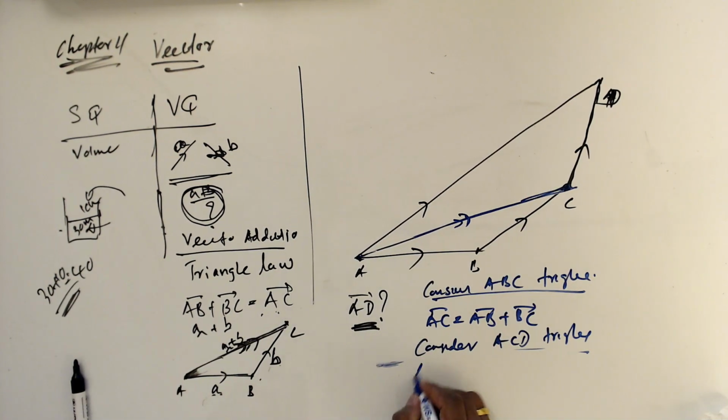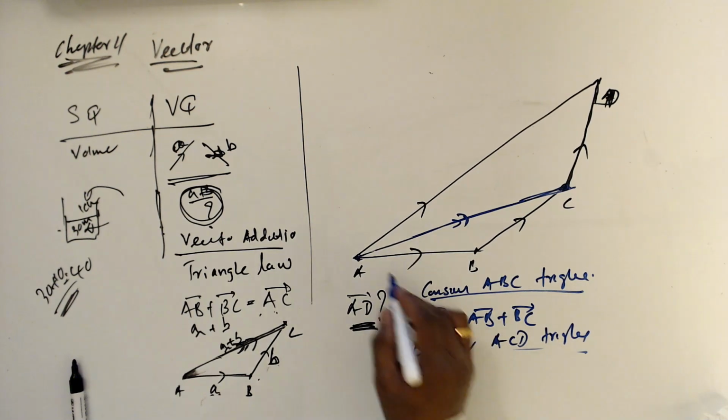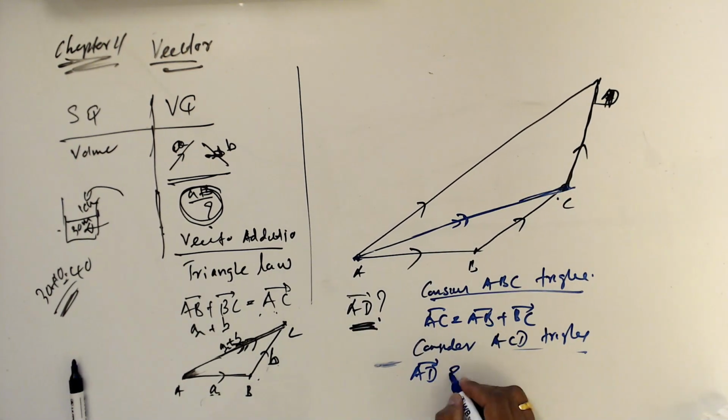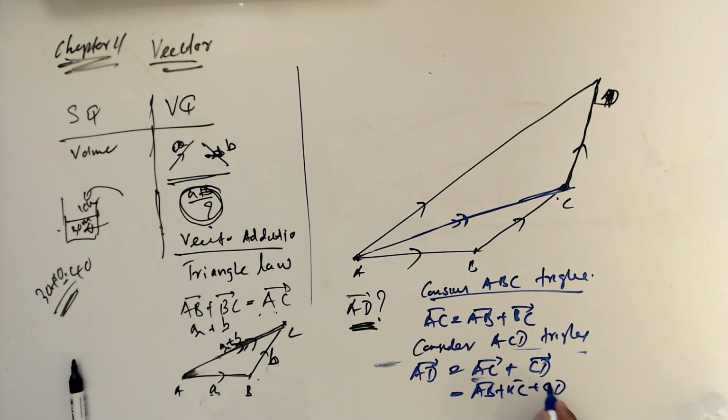Then AD is what? AC plus CD. Do you know AC? Yes, AC means AB plus BC. So AD is AB plus BC plus CD. We applied triangle law two times.